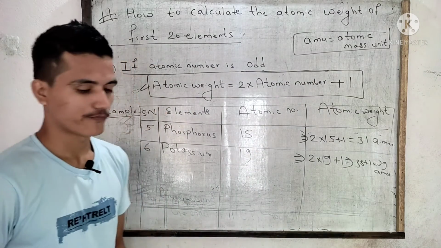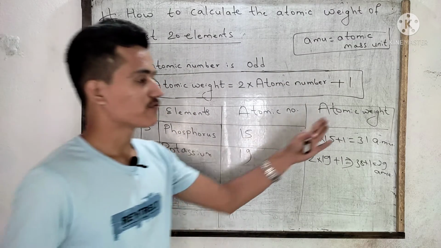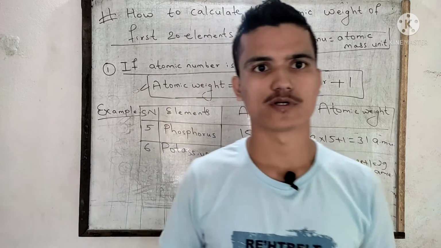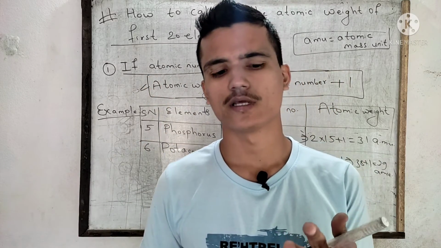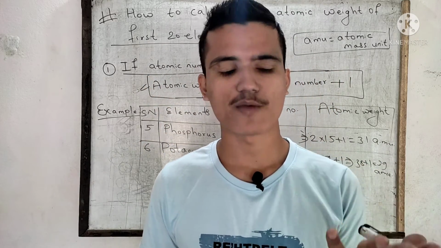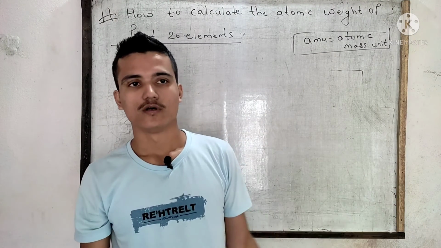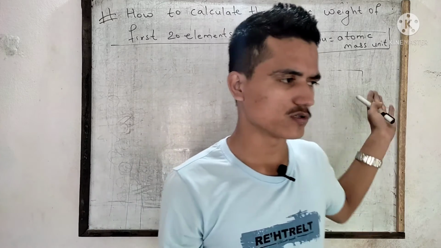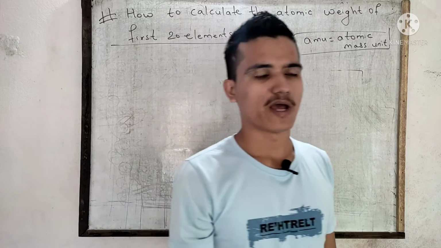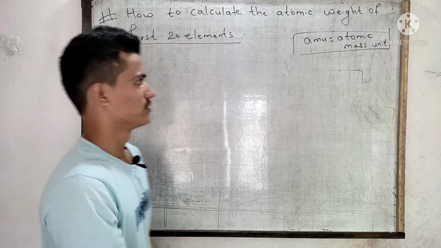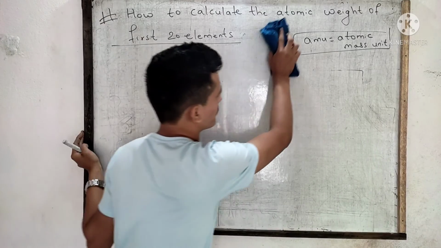Okay, now at first I told you to remember 5 numbers: 1, 4, 7, 17 and 18. Calculate the atomic weight of the elements having those atomic numbers by using these two formulas. How can we calculate?